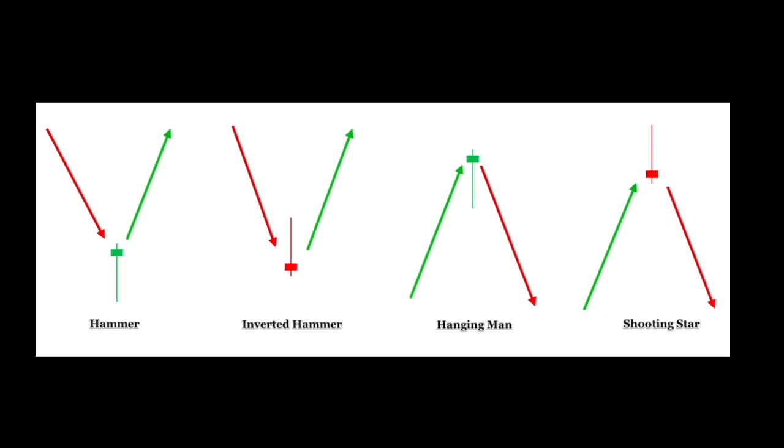Now, kind of like the shooting star, but a little bit different, is the hanging man. So it's the hammer, but at the very top of an uptrend. So this is going to signify the start of a downtrend. That's always something to think about. If you see a hammer on an uptrend, you're going to automatically realize, oh, that is a hanging man. But if you see a hammer at the bottom of a downtrend, you're going to say, oh, that is a hammer.